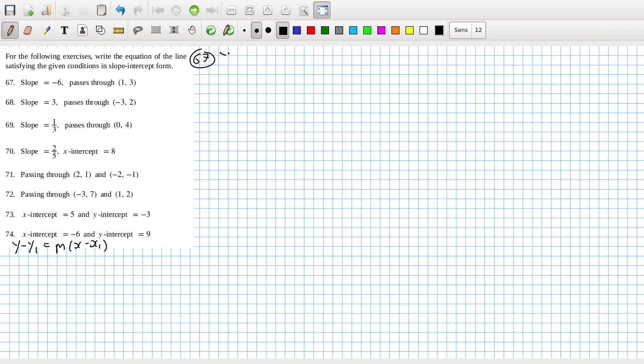So you get y minus 3 equals minus 6 times x minus 1. So that's y minus 3 equals minus 6x plus 6. So that's y equals minus 6x plus 9.